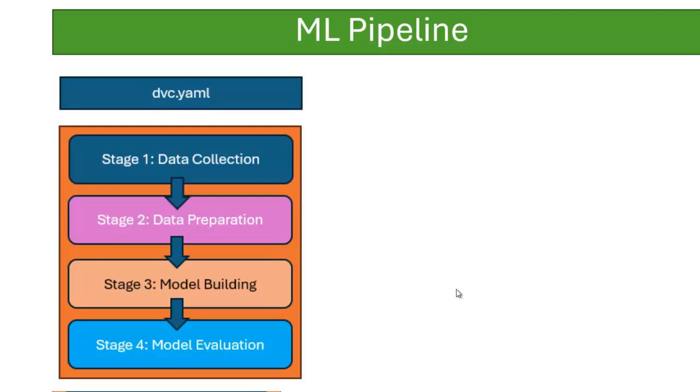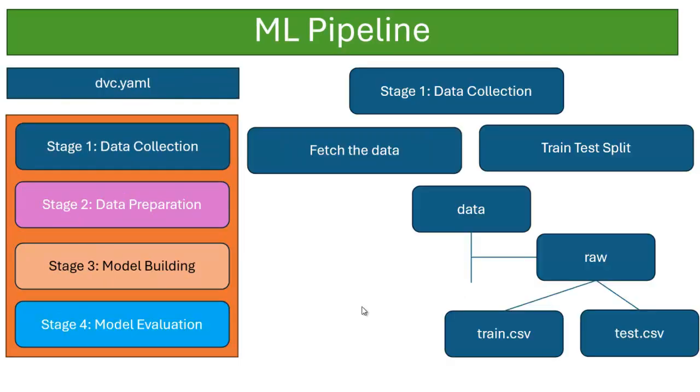So now let's talk about our first stage, data collection. Please remember, we will create 4 Python files for our project, one file for each stage: data collection, data pre-processing, model training and model evaluation. Then we will join each of these files using a DVC pipeline.